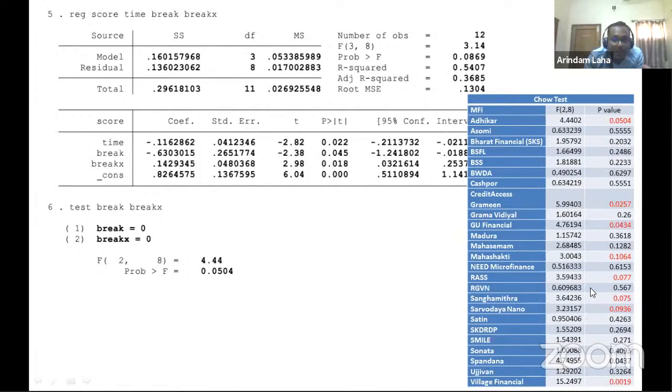Out of 25, in nine microfinance institutions, the red marks are basically significant. So for nine microfinance institutions, there is an impact of on-road. There is an impact on the sustainability score, and it is mainly caused by the on-road crisis. This is my conclusion. We have done a similar kind of analysis for all of them.